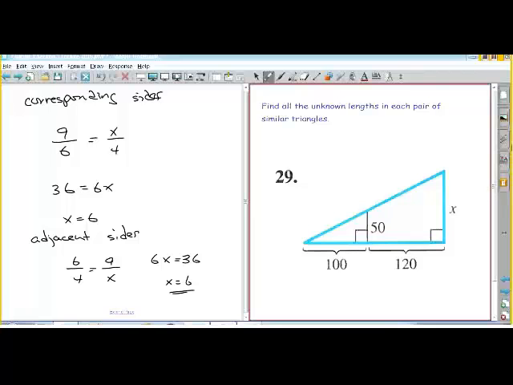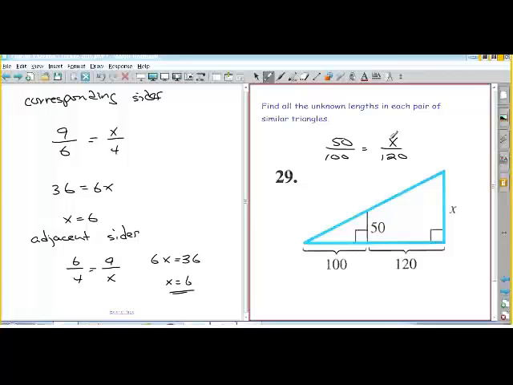I'm showing you it's wrong so you don't do it wrong. You do it the right way. What they'll do is something like 50 divided by 100, which is these two sides, is x divided by 120. Because they'll just think, oh, you have similar triangles, there's 4 numbers, I'll take some ratios, I'll be able to get the answer. They don't think hard enough.